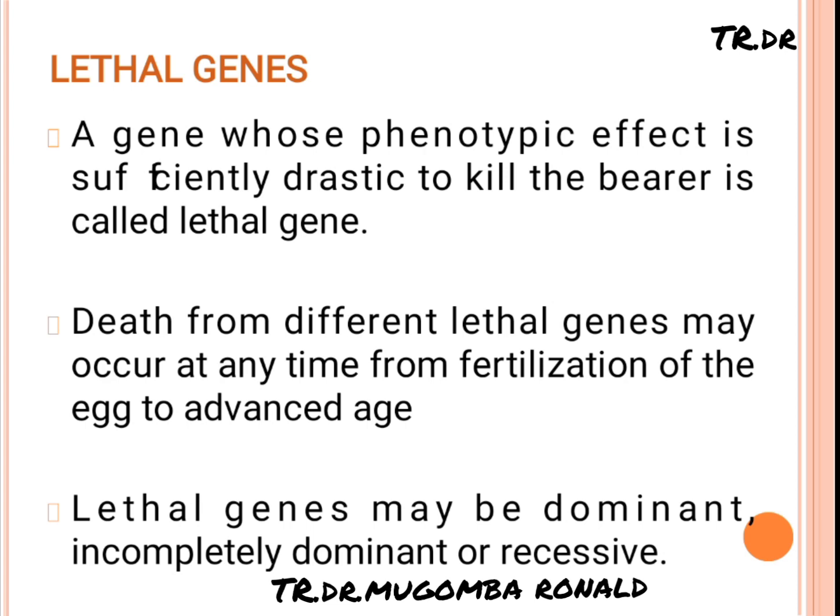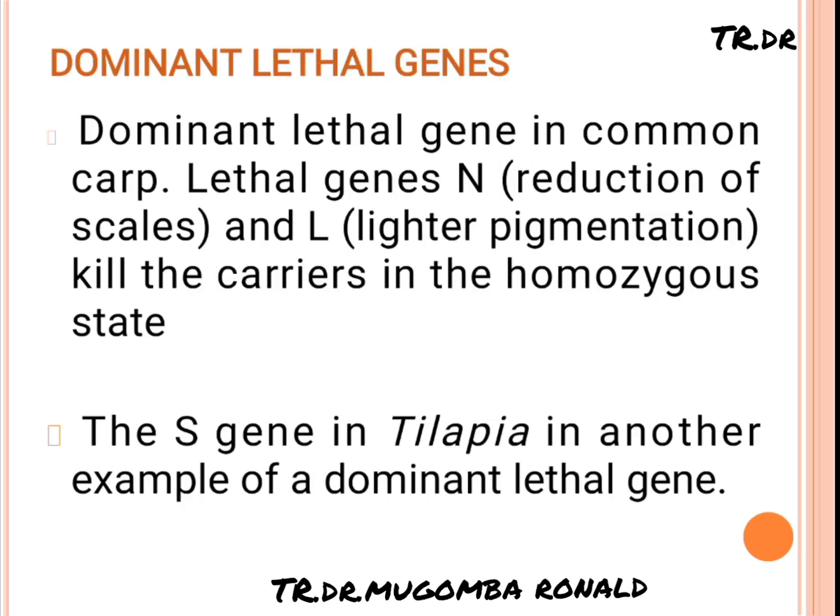We have dominant lethal genes and recessive lethal genes. But I will talk about one specific example of lethal genes, and that is found in mice. When you look at the mice, we have either the yellow mice or the brown or black mice.